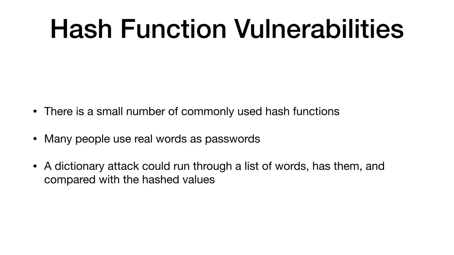So many people will just use a regular word, and then a hacker could have a dictionary. If we knew the person we were attacking was an English language speaker, then we could run through the dictionary of all of the words in English, or the most common words in English, run each one of those through the hash function, and then compare it with the hash that we've hacked, that we've got access to.